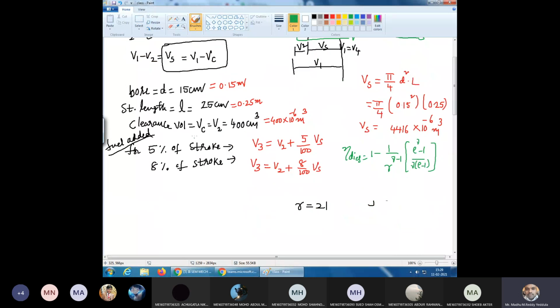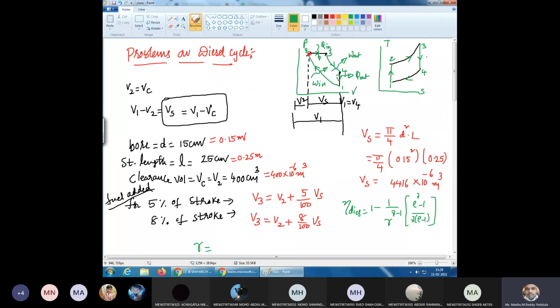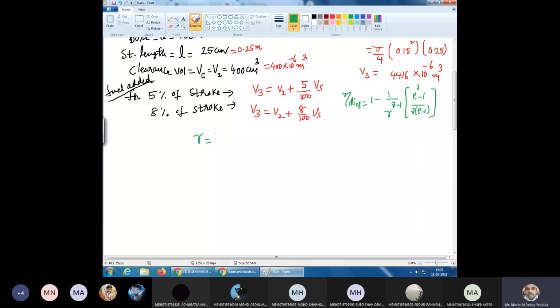Now, can anyone tell me how to define compression ratio? Vs plus Vc by Vc, sir. Very good. That is right. Means I can say volume at the start of the compression by volume at the end of the compression. So volume at the start of the compression is V1. Volume at the end of the compression is clearance volume. So V1 divided by Vc.